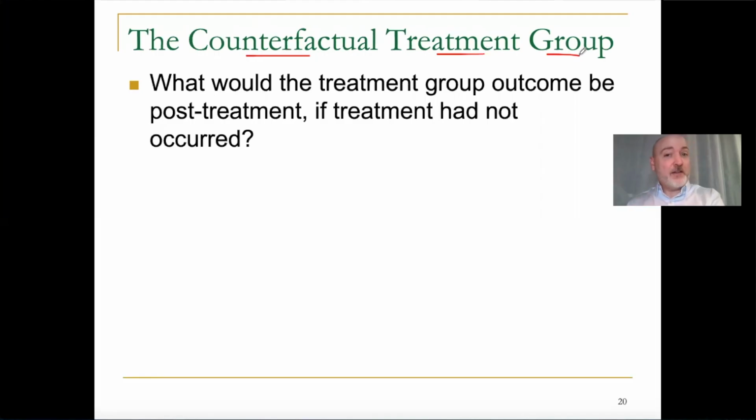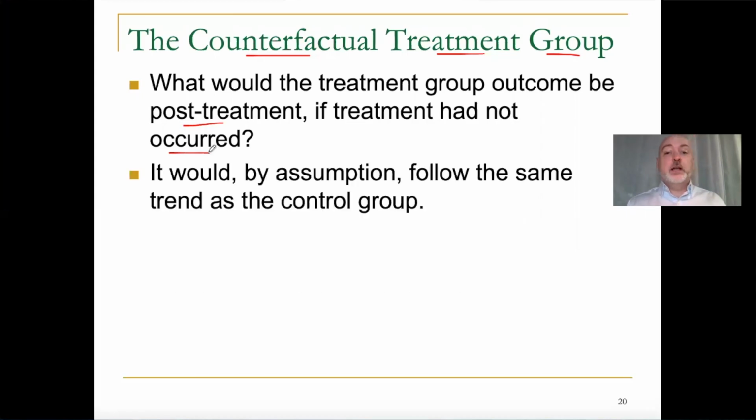And we don't have access to that information, right? We can only see the control group and the treatment group with and without treatment. So we want to say, well, if we took the same people that had the treatment and we didn't give it to them, where would they be? So what would the treatment group outcome be post-treatment if treatment hadn't occurred? We don't have access to that information, so therefore it is a counterfactual.